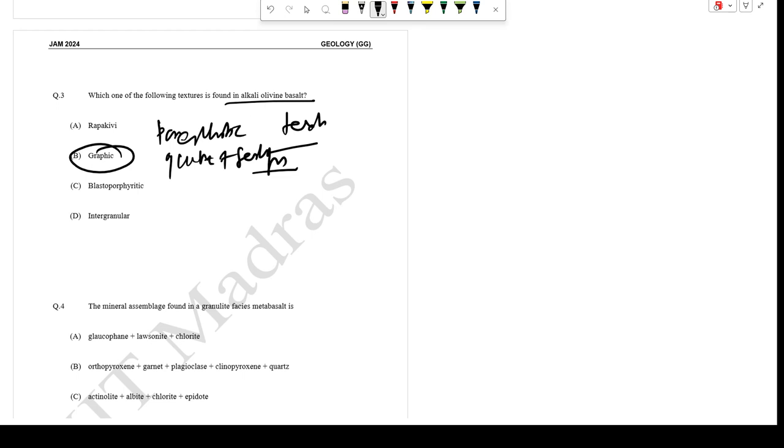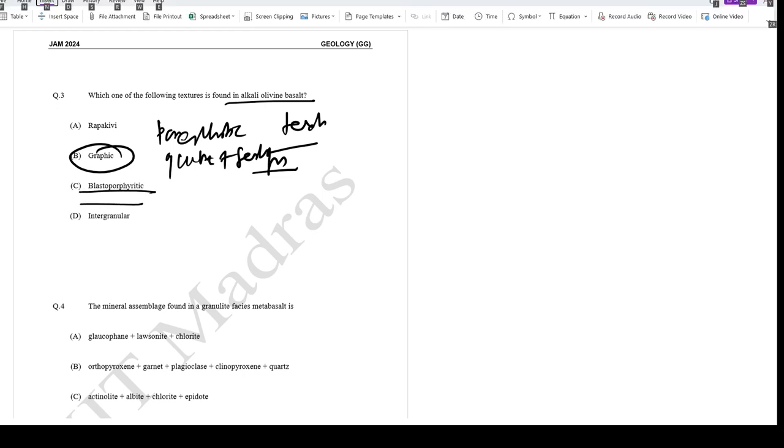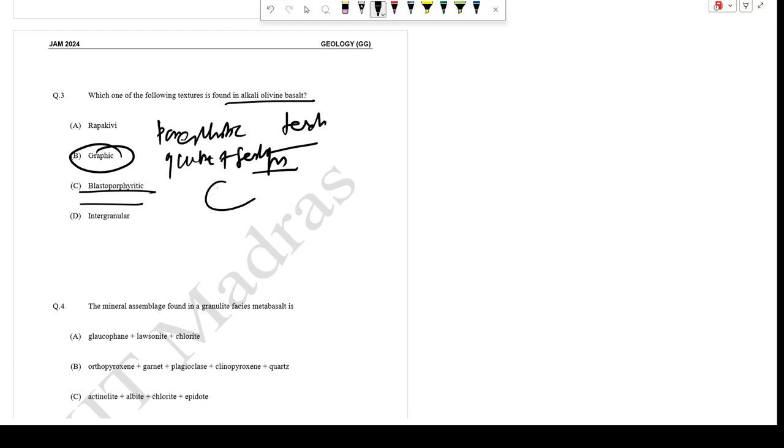So next, the third option, porphyritic texture, is characterized by large individual crystals in a finer grained matrix. And last but not least is intergranular texture, which refers to textures where the minerals within the rock are not touching each other.